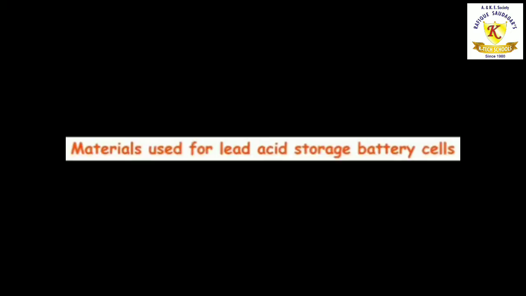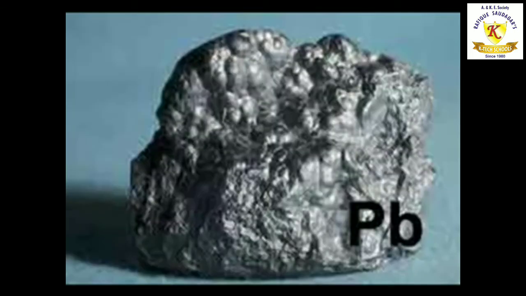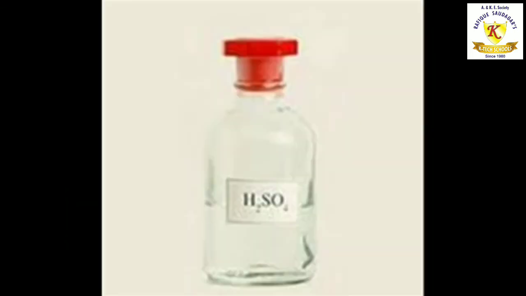Before going to the working principle, we should know about the materials used for lead acid storage battery cells. The main active materials required to construct a lead acid battery are lead peroxide, sponge lead, and dilute sulfuric acid.